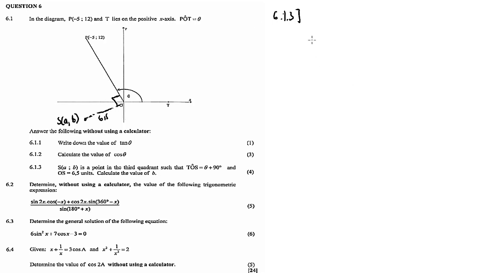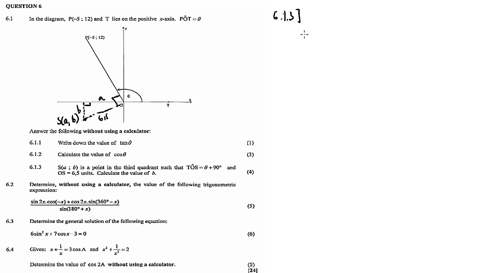Right. So using our trigonometric ratios, I want the value for B. In this triangle I see that OB, the opposite side to A, is the adjacent side, and then the 6.5 is the hypotenuse.